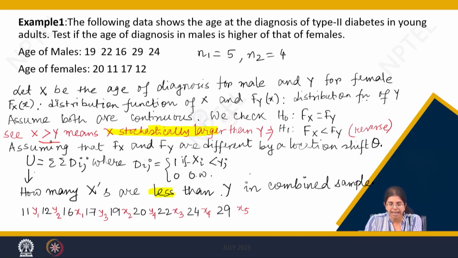So if X is stochastically larger than Y, that means we have to consider how many X are falling behind Y, just the opposite.